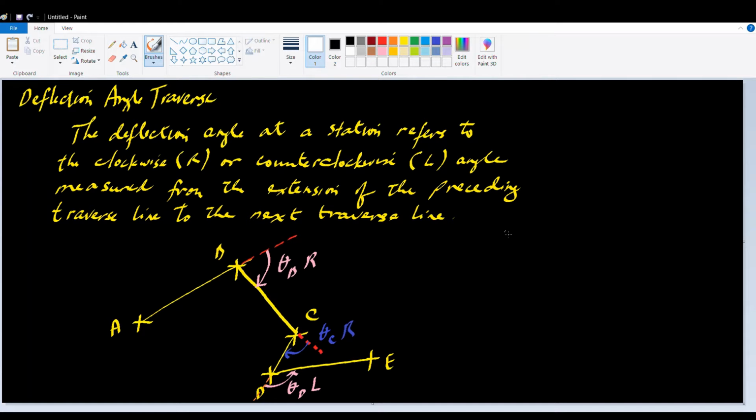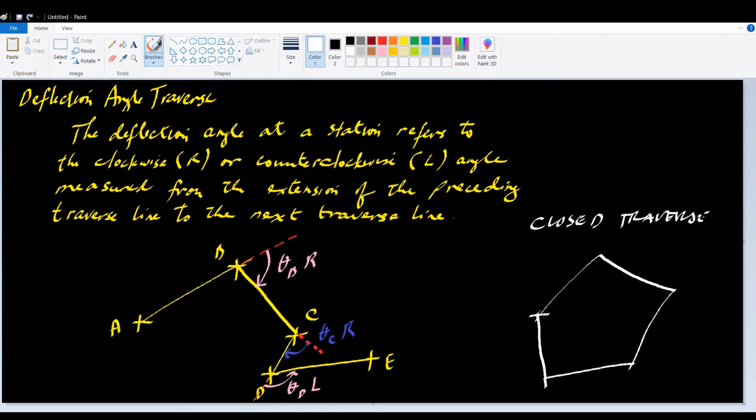Deflection angle traverse is also applicable for closed traverses. Say this is a closed traverse. Let 1, 2, 3, 4, and 5 be the traverse stations. So it proceeds in a clockwise direction. At 1, we have the extension of line 5-1.